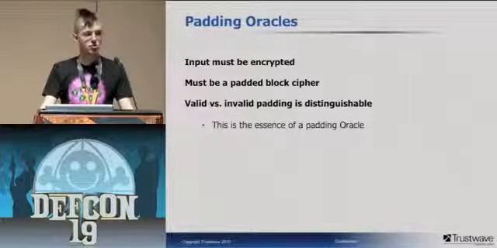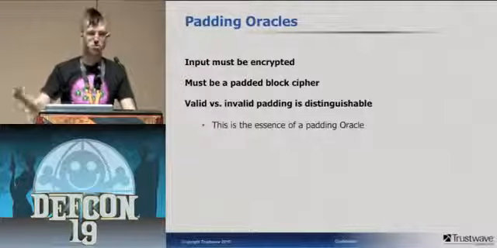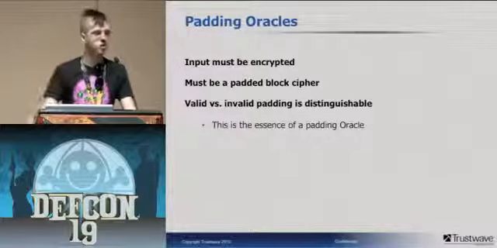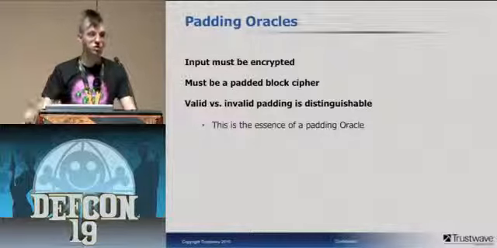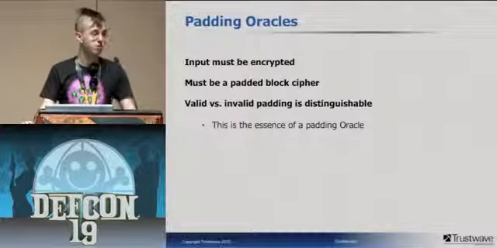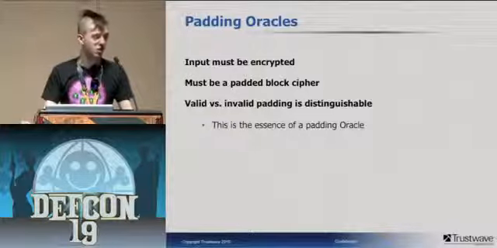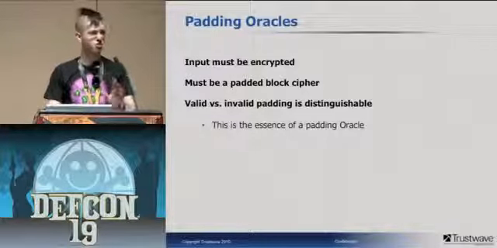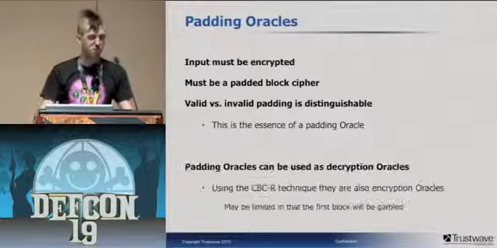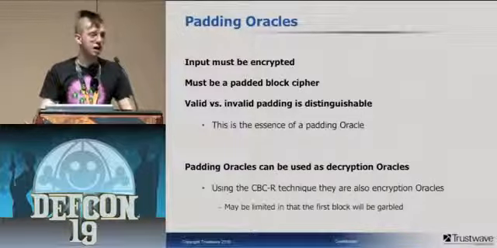That's actually going to allow you to change the padding bytes and then change the corresponding bytes in the previous block until you get valid decryption again, until the padding is valid again. Like I said, I don't want to go too much into how padding oracle attacks work, but padding oracles can in that way be converted to decryption oracles.